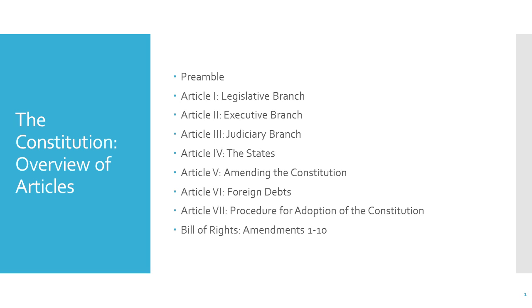The other way that could happen is that a group of states could actually ask for a new constitutional convention. But if that happened, that new constitution would once again have to be ratified by 3/4 of the states.